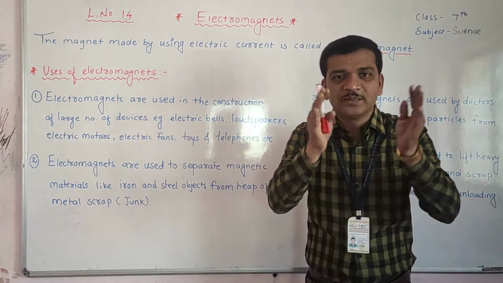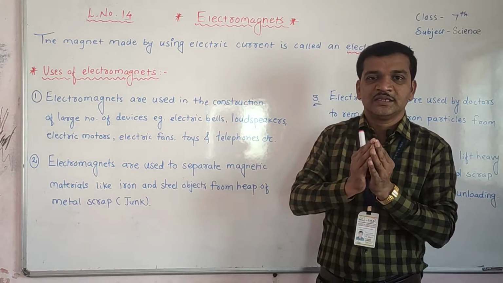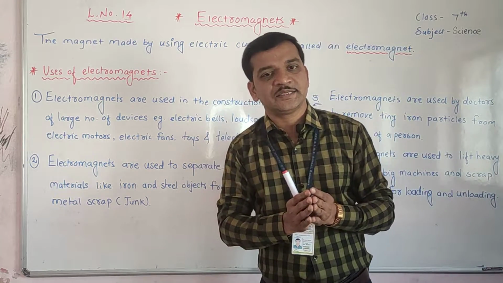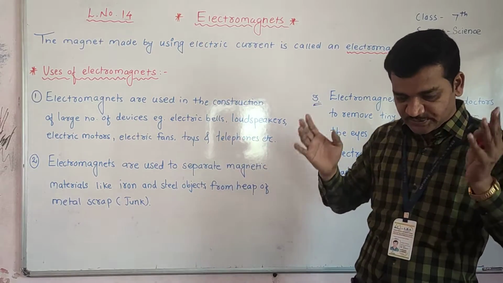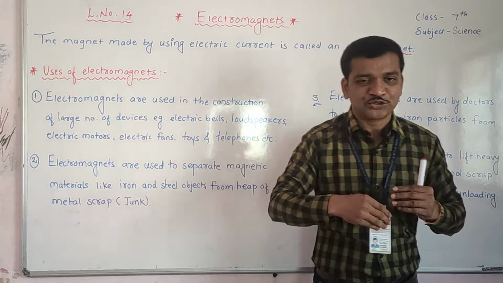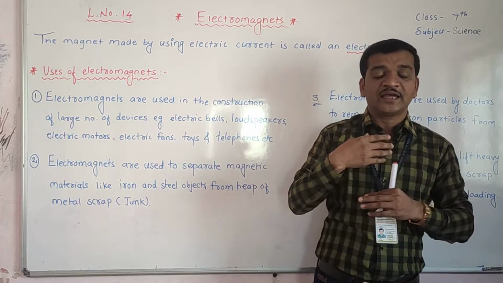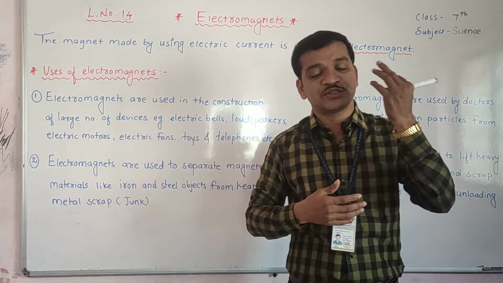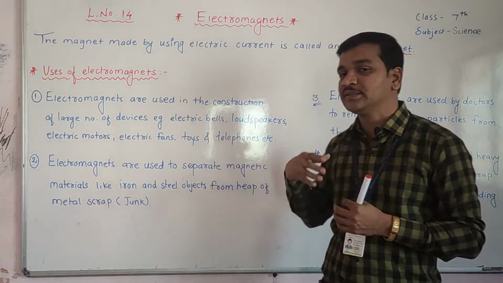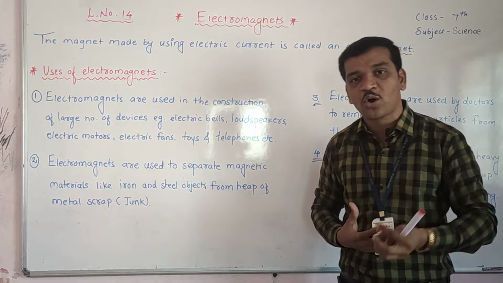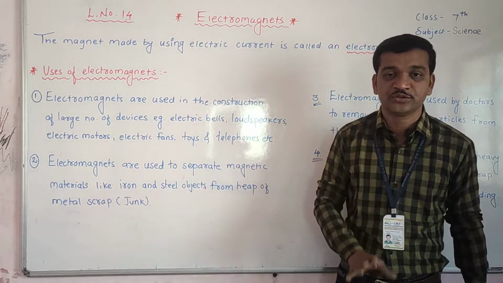These are all appliances and devices in which an electromagnet is used. So this is the first use. Clear students? Understood the first use?